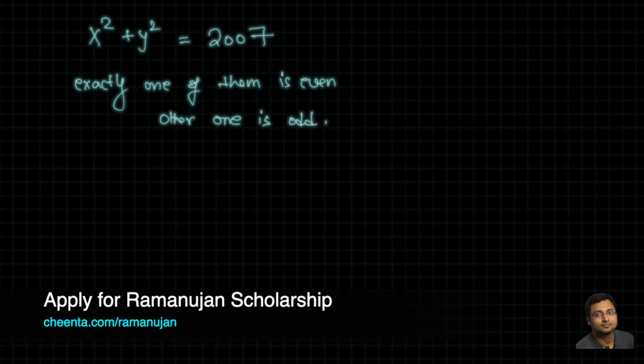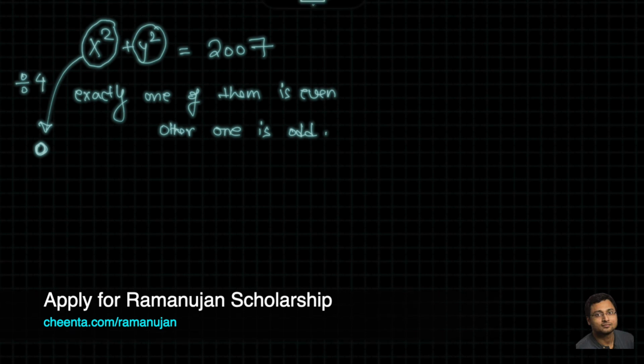Now suppose x square is even and y square is odd. We can assume that without loss of generality. So if x square is even, that will produce remainder 0 when divided by 4. If y square is odd, then it would produce remainder 1 when divided by 4.